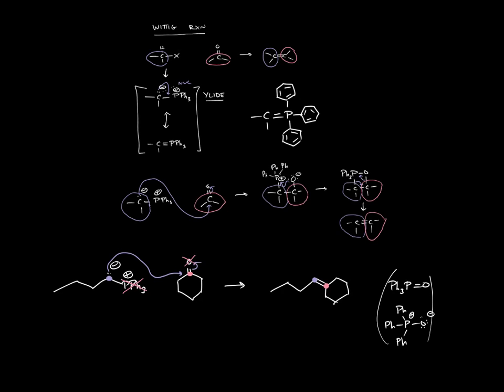The carbon-containing functional group that I created has a new carbon bond between what was a C double bond O and what was the ylide. So let's try an example of this before we move on. We saw on the previous slide how we could react an ylide as a nucleophile with a carbonyl carbon to create a new C double bond C, which is a new alkene. Let's look right now at how we go about making an ylide.